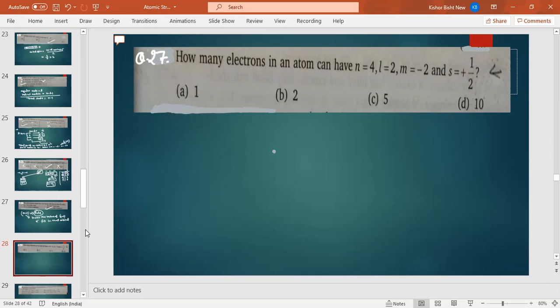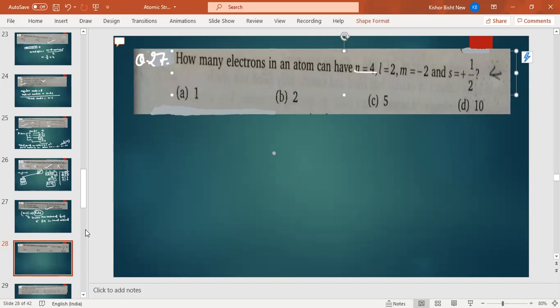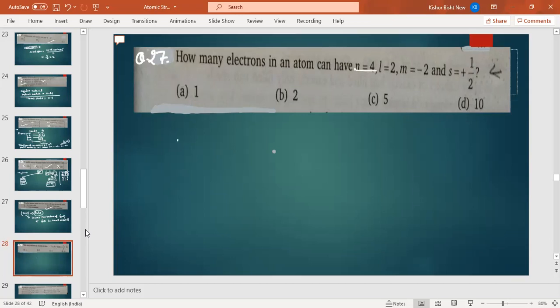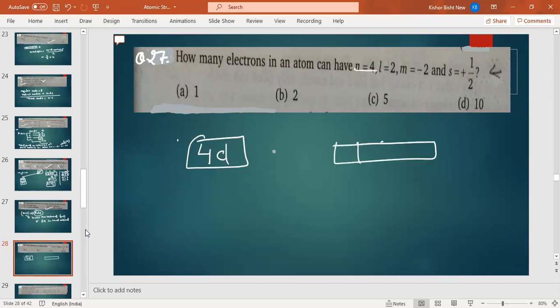So now first you see, n is equal to 4, it means it is showing 4. l means 2, means this is showing the d orbital, 4d orbital. And d means 5 orbitals, which are minus 2, minus 1, 0, plus 1 and plus 2.